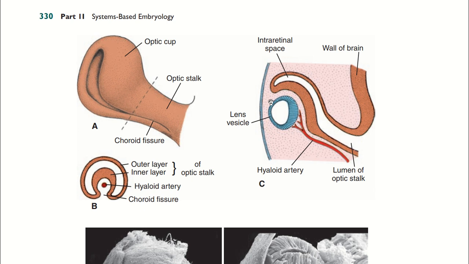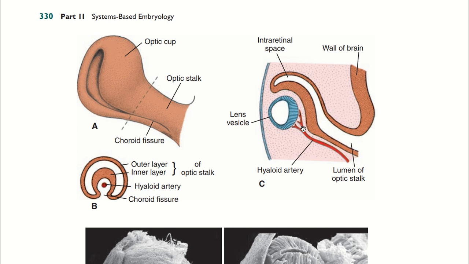Why is it open? There's going to be an artery that is called the hyaloid artery. This hyaloid artery will be involved in supplying blood to your developing lens. So you can see this is your hyaloid artery.